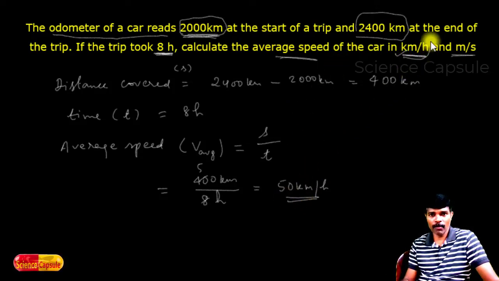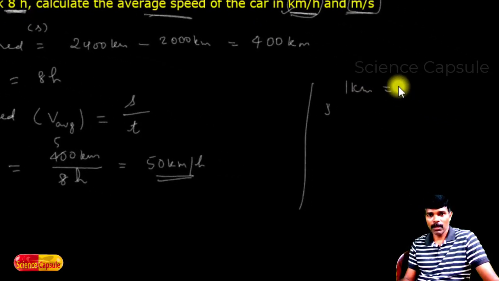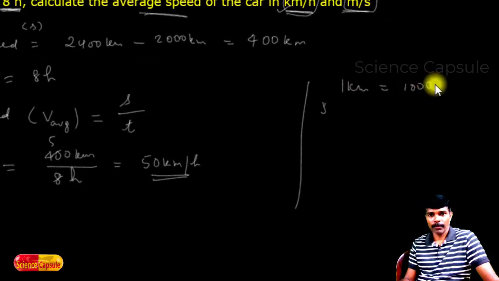Now this we have found out. Now we have to find it in meter per second also. In order to convert kilometer per hour into meter per second, what can we do? A long process we can adopt: on the right side we write 50 kilometer. 1 kilometer is equal to 1000 meter, isn't it?